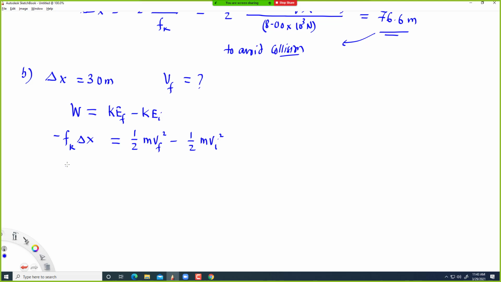So we want to find Vf, so we need to write this expression in terms of Vf. How do we do that? We can bring this term to this side, so minus fk delta x plus 1/2 m vi squared is equal to 1/2 m v final squared.